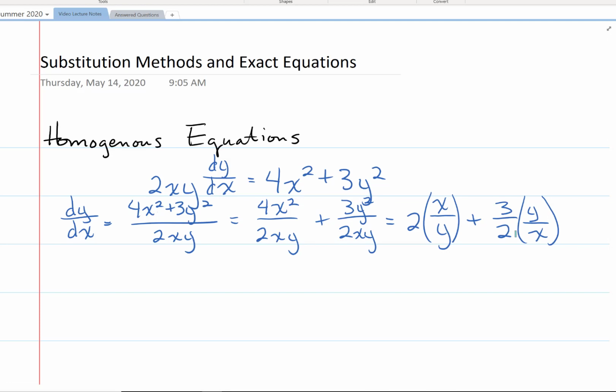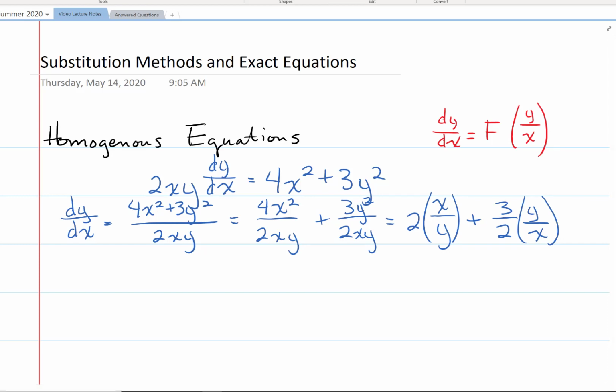So if you can take your differential equation and rewrite it in the form dy/dx equals some function of y over x or x over y, okay, then it's homogeneous, all right?